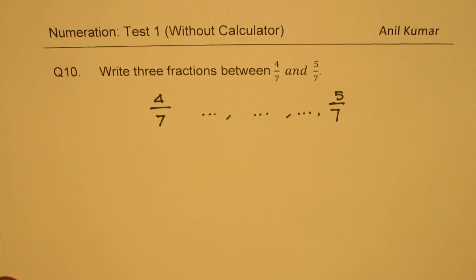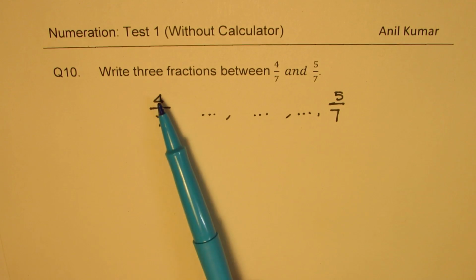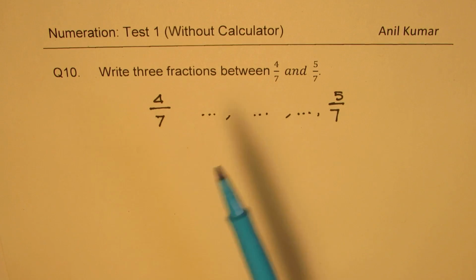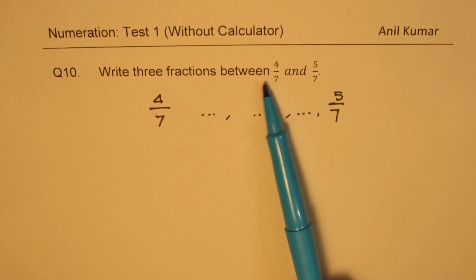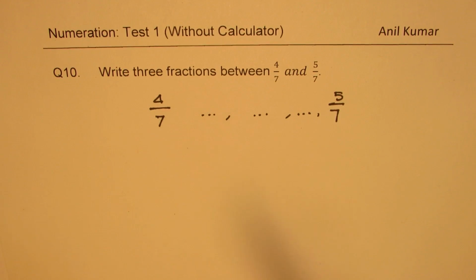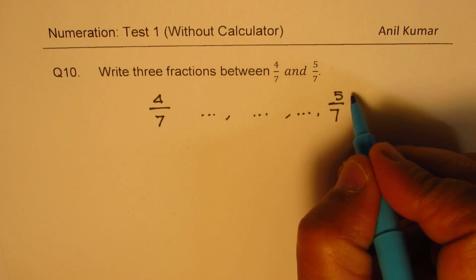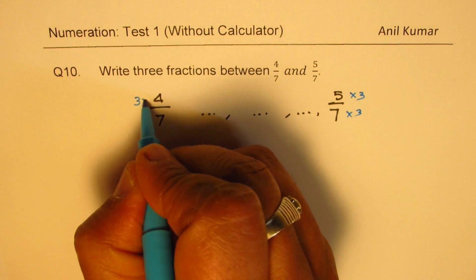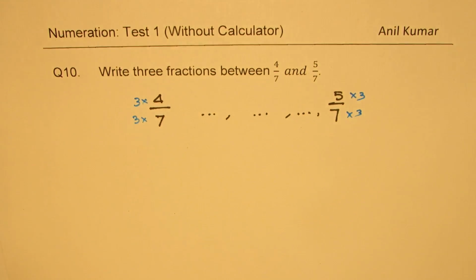Well, here is a cool method of doing it. Now there is no whole number between 4 and 5. We normally don't write decimal numbers in the numerator, right? Since we need to write three fractions, what we can do is multiply both numerator and denominator by 3 and write equivalent fractions.